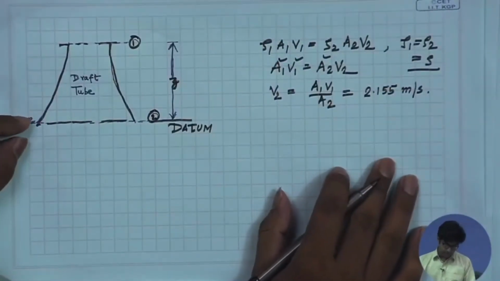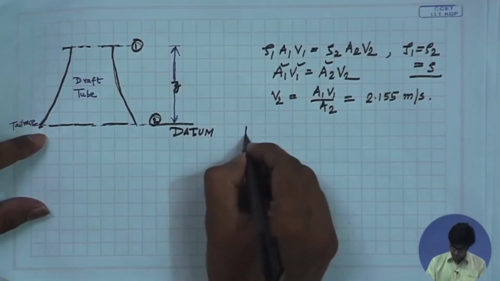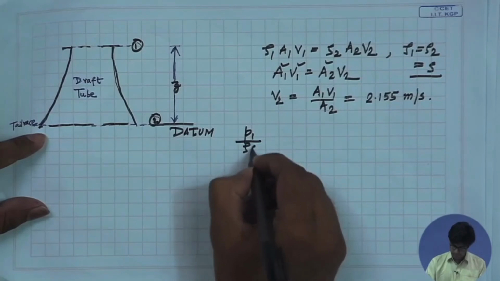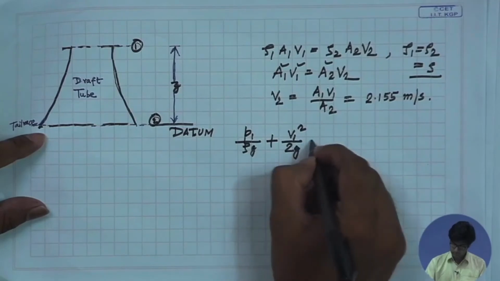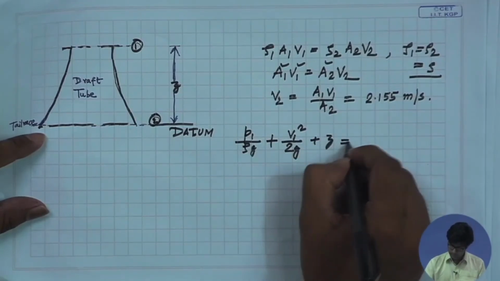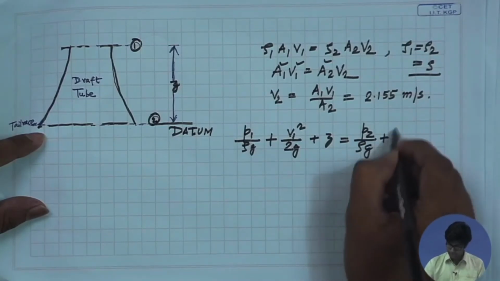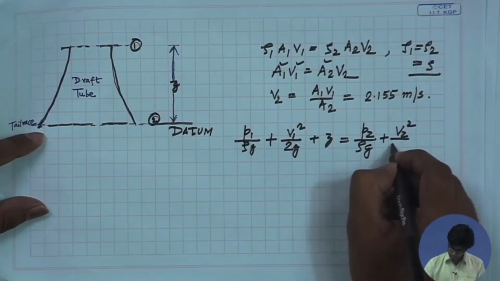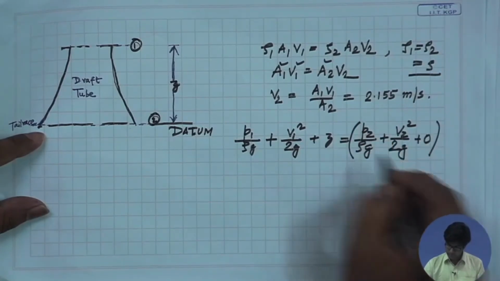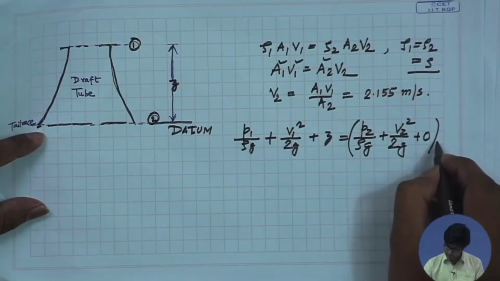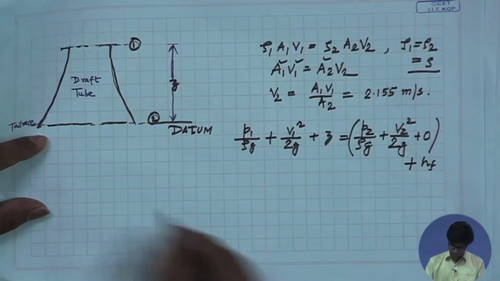Now, let us apply Bernoulli's equation between section 1 and section 2. We can write P1 by rho g, the pressure head, plus the velocity head at the inlet, plus the potential head, is equal to P2 by rho g plus V2 square by 2g, plus, since we are considering the datum at section 2 itself, the elevation is 0, plus the head lost, which is Hf.